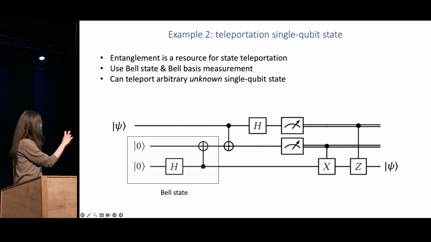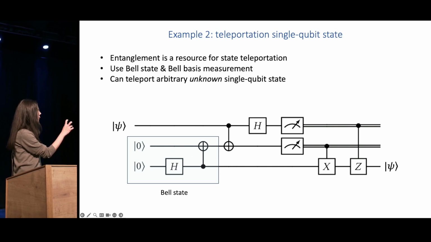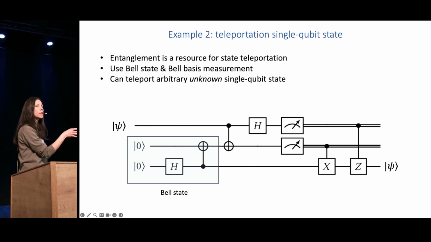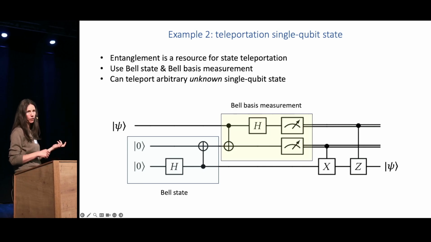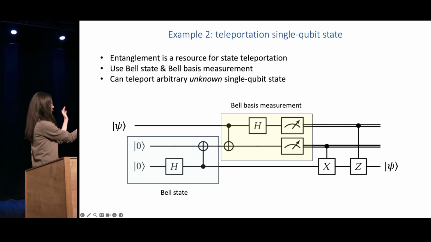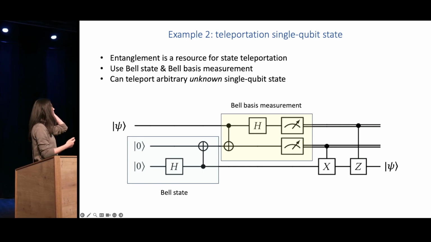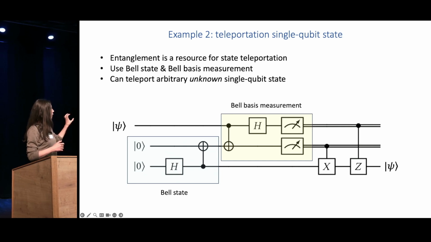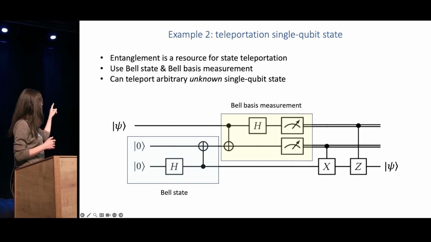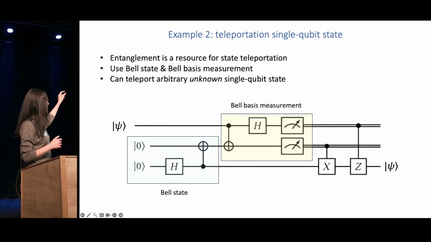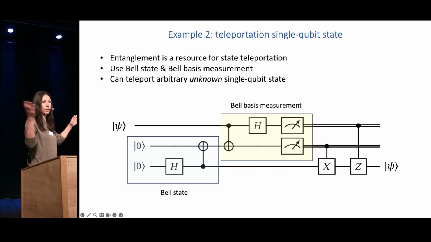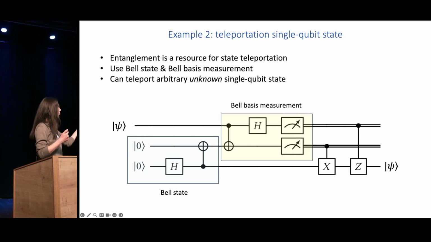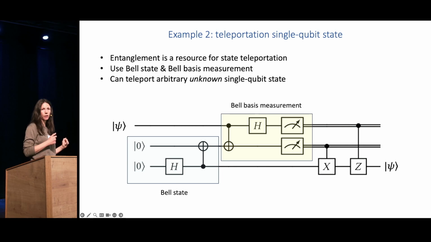The next step, the second CNOT and the Hadamard, followed by the single qubit measurements, together form a Bell state measurement. So when I say Bell state measurement in this talk, I'm going to mean essentially this box. When you do that, the state psi that you started off on the first qubit, the top qubit, is now teleported onto the last qubit, which again can be very far away, up to X and Z Pauli gates.